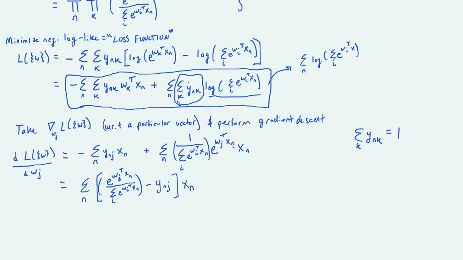And now notice that, by definition of the softmax, this is the probability that yn is an element of class j.